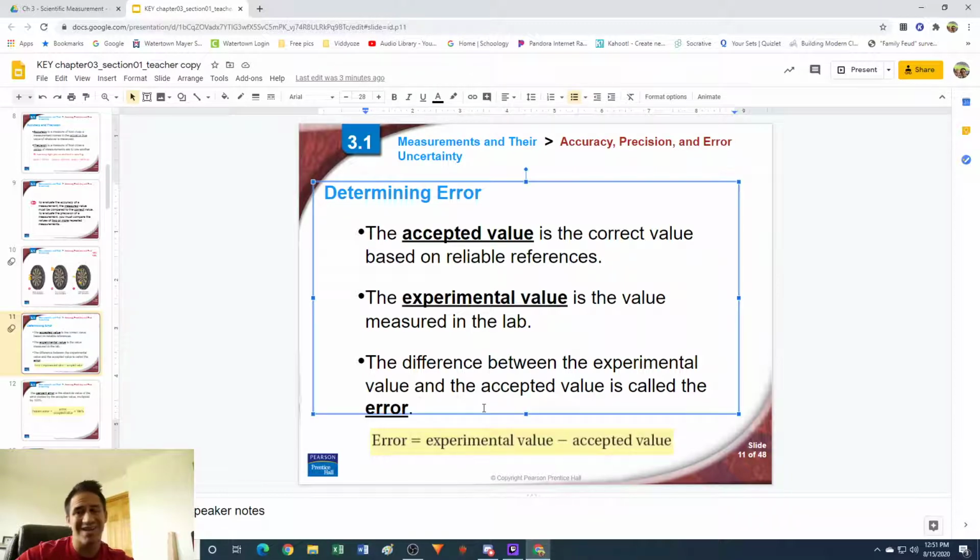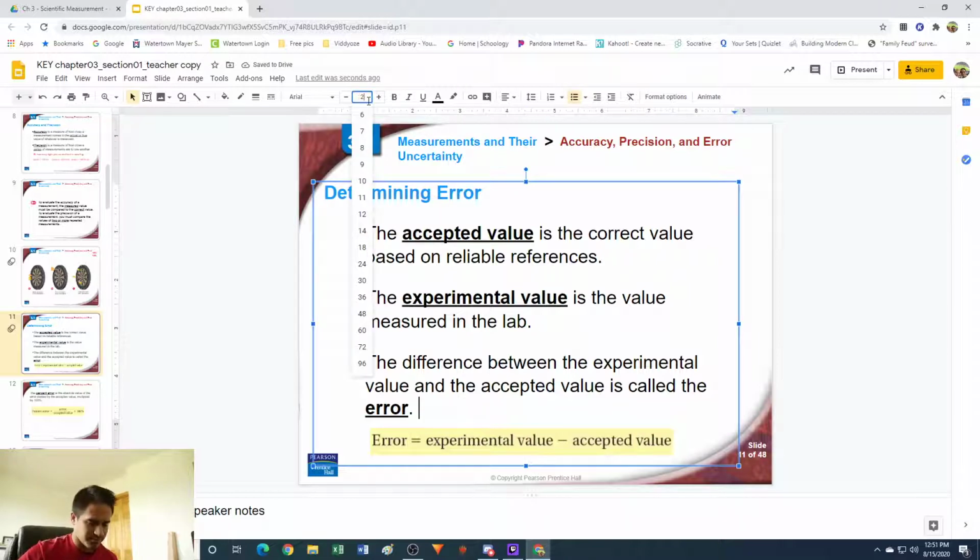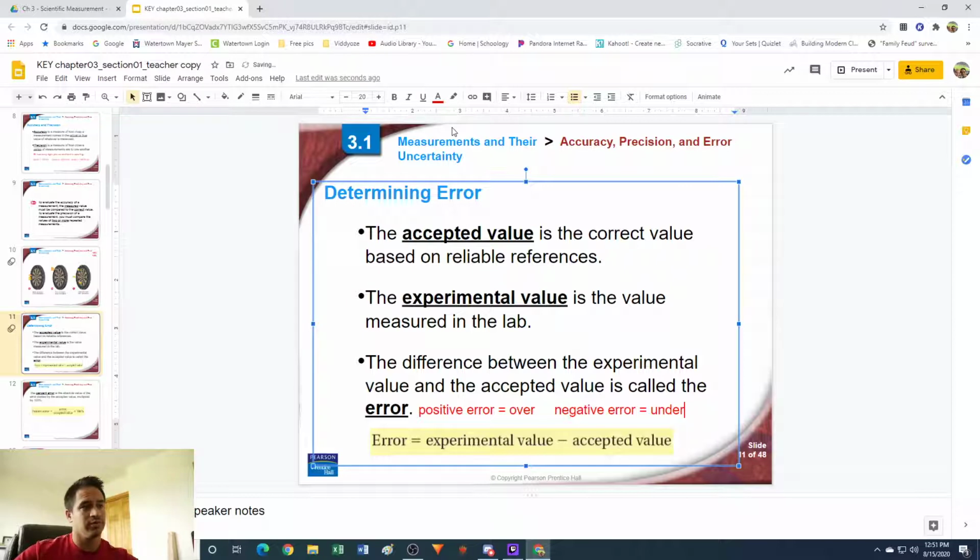Now, our error can be positive and it can be negative, okay? It is possible to have a negative error. A positive error would just mean that we are over, and a negative error means that we're under.